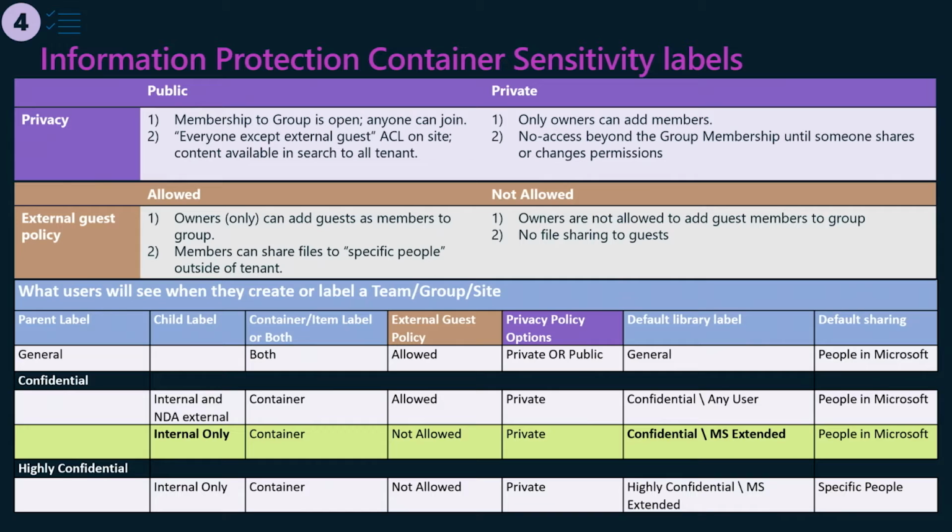It automatically sets the default library label in SharePoint. So that highly confidential internal-only SharePoint site is locked down, and the file is also going to be locked down with a rights protection label that is meant to be tenant only. If it leaves the tenant, whether by email or anything else, its rights protection is going to follow the file. And so for us, this starts to drive the numbers across the board because fundamentally that provides a lot of a foundation. The way I think about it, it's the 99% case.